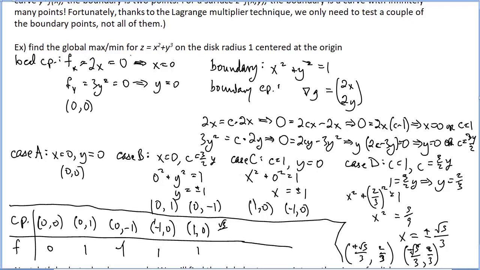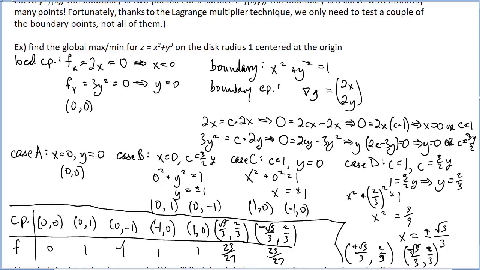Okay. Now, plugging in rad 5 over 3, 2/3, we get 23 over 27. And negative rad 5 over 3, 2/3, plugging that in, we get 23 over 27. So these are the only possibilities where we could have a global max or min. Checking it out, we see where it is. The global max value is 1. It occurs at 3 different points.